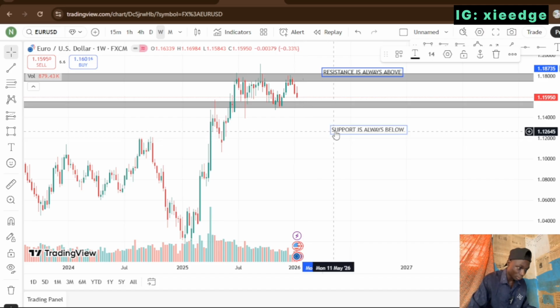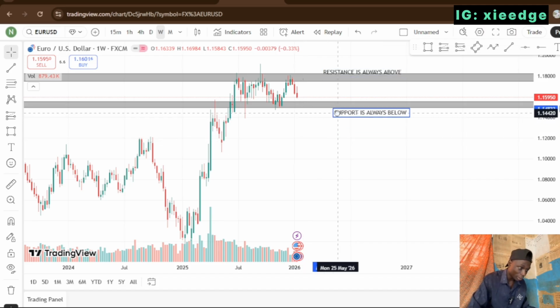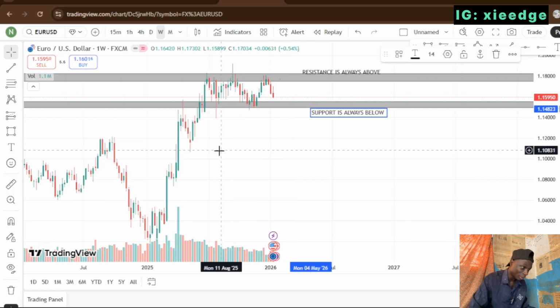This is kind of simple. This is where the support is, and this is where the resistance is.